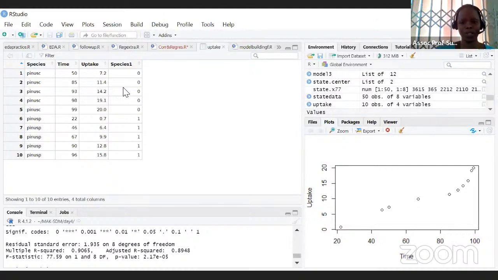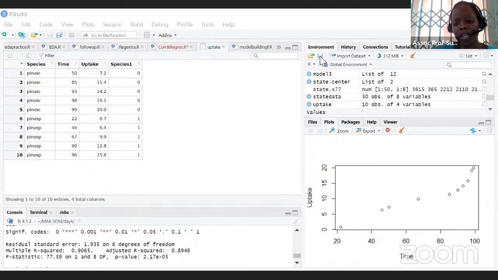Any other question? Let me check the chat. Okay, somebody has a question: in the case of multiple regression, how do we determine which independent variable has more influence on the response?